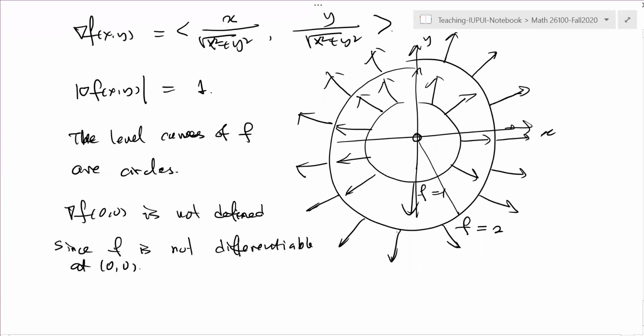But not every vector field comes from the gradient of some function. Okay, this is what we're going to discuss in the future.